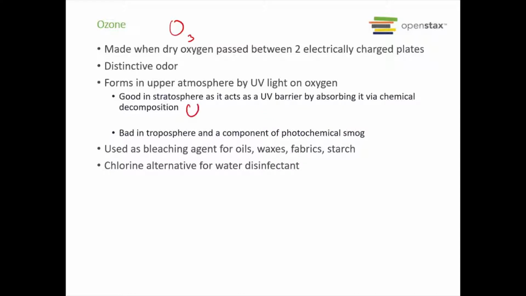It decomposes when it absorbs that UV light into single oxygen and then oxygen, the diatomic gas. So that reactive oxygen atom that's just by itself will then recombine with the molecular oxygen to reform ozone, and it's this ozone cycle. So having this nice ozone layer in the stratosphere decreases the frequency of skin cancer and other effects of UV radiation.